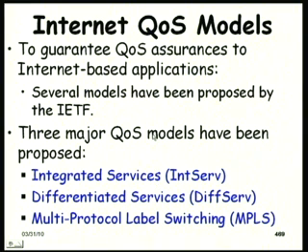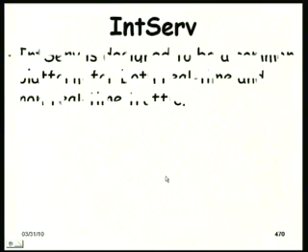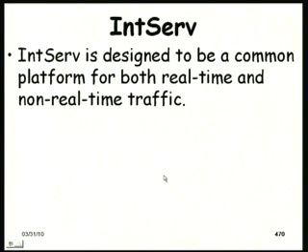Because these have been proposed by a standards body and are applicable to the internet, they have drawn a lot of attention. Even in the literature that you read in any other book, you might come across these terms, and even in a newspaper you can come across these terms. Let us look at the basic idea behind IntServ. IntServ is a protocol that has been designed to support both real time and non-real time traffic in the internet.